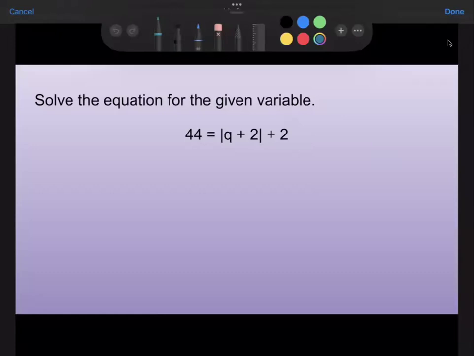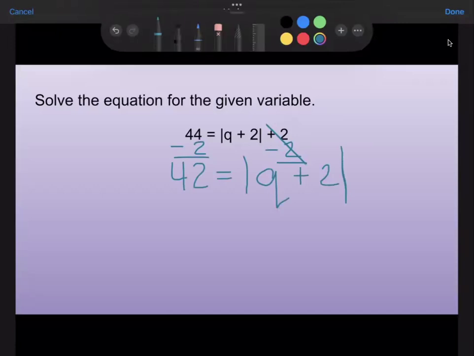So we need to move that to the other side of the equation so that what's inside the absolute value bars is by itself. So I'm going to go ahead and subtract 2 from both sides here so that that cancels. What that leaves me with is 44 minus 2, which is 42, equals the absolute value of q plus 2. Okay, now we have the absolute value isolated.